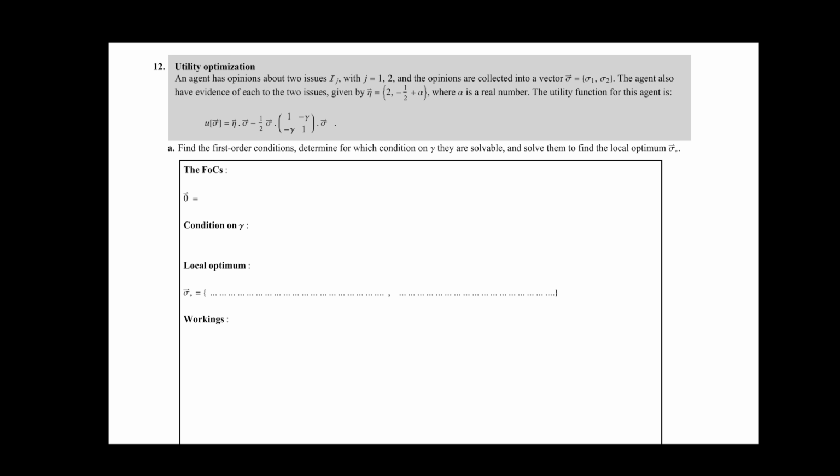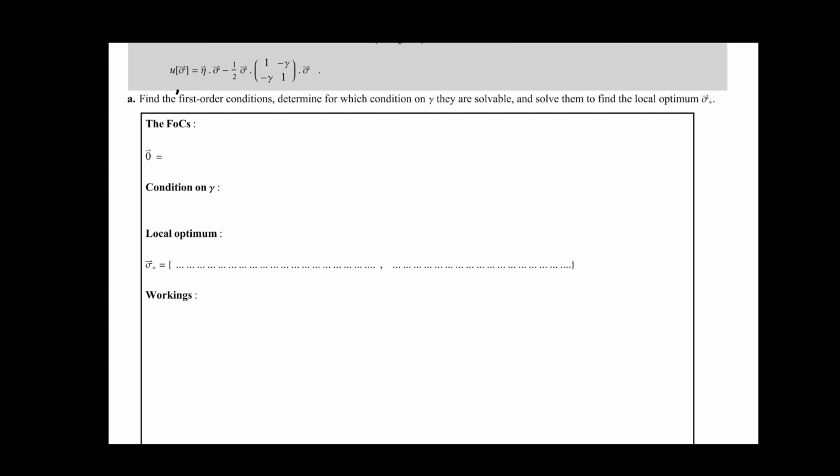The utility function of this agent is this equation over here. Find the first order conditions, determine for which condition on y they are solvable, and solve them to find the local optimum σ. Here, what I'm first going to do is write this whole equation out.